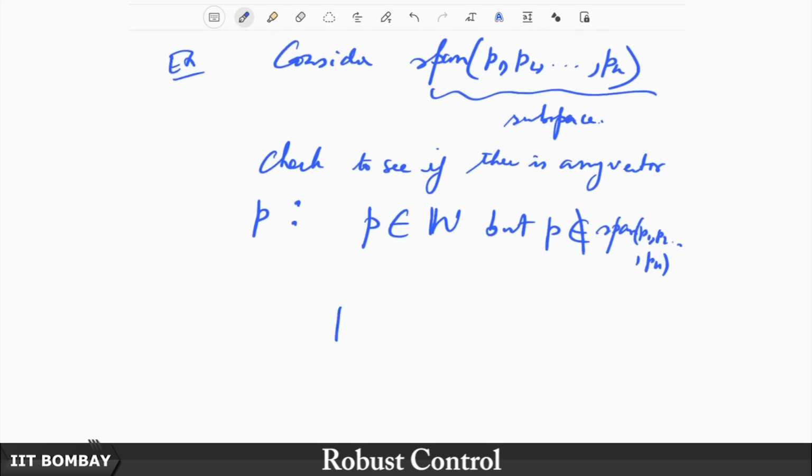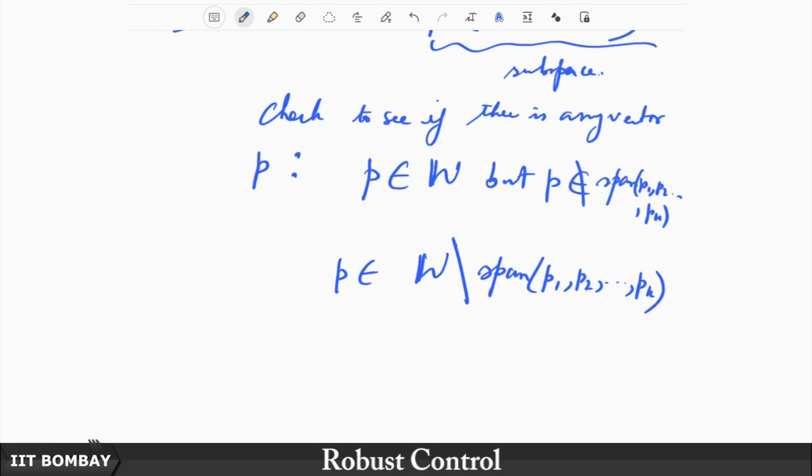In other words, in set theoretic notation, P belongs to a set that is not necessarily a subspace, it is a subset. Take the set of all vectors contained in the subspace W, and take away all those vectors which belong to the span of P1, P2 till Pk.